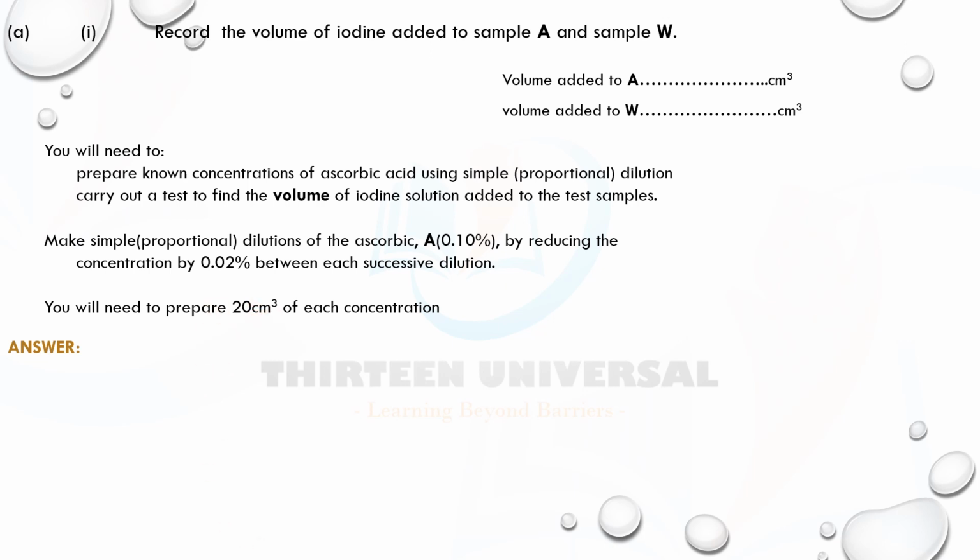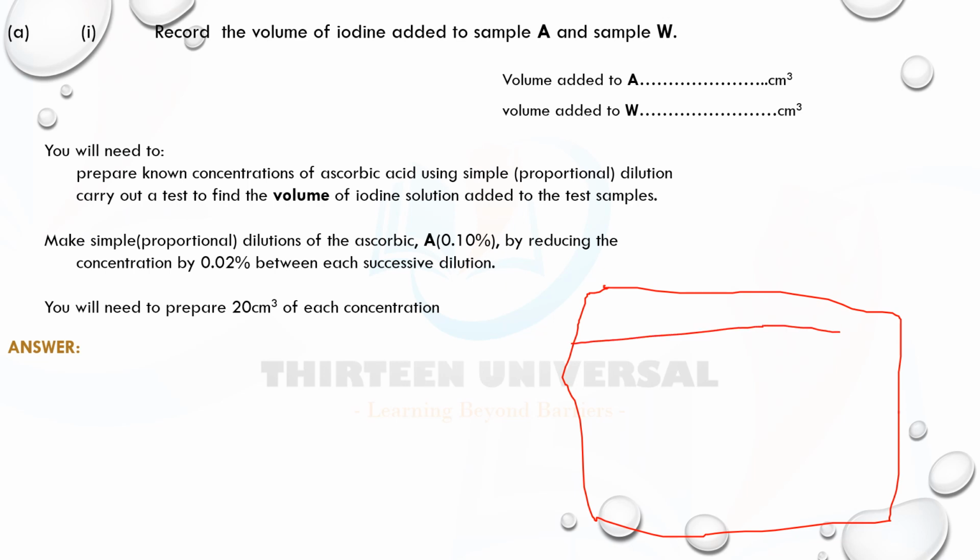If you have the table, you know that the first one here is 0.1. You can pause the video and try it, but normally the table is going to be shown to us. So this is concentration, and you put the unit here. This is volume of stock.